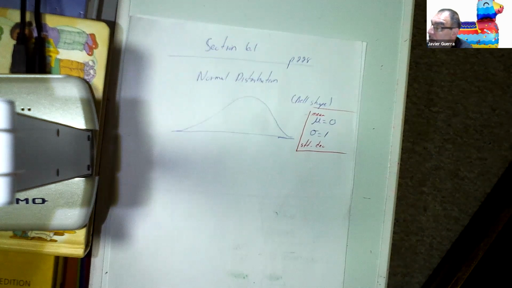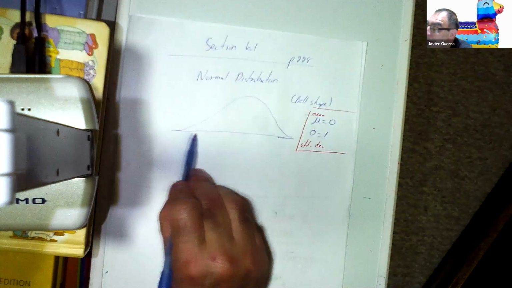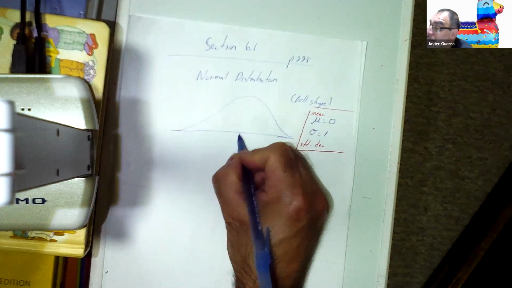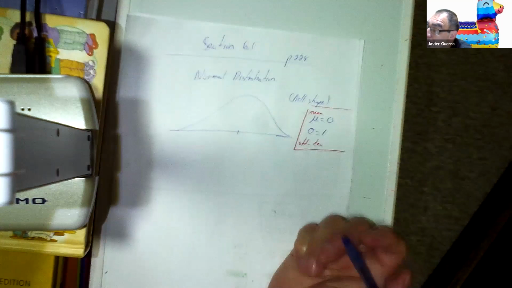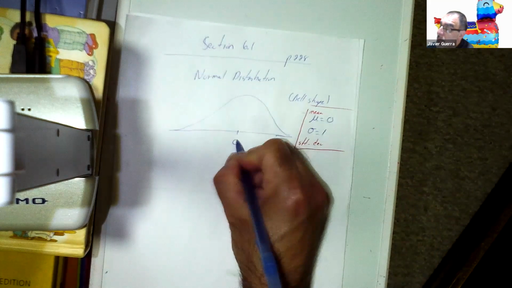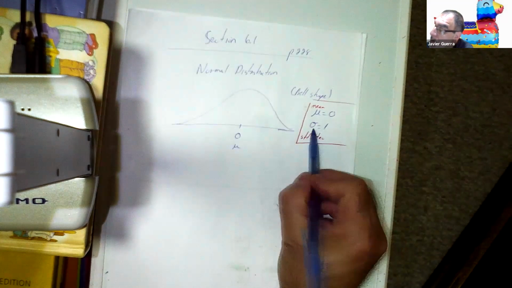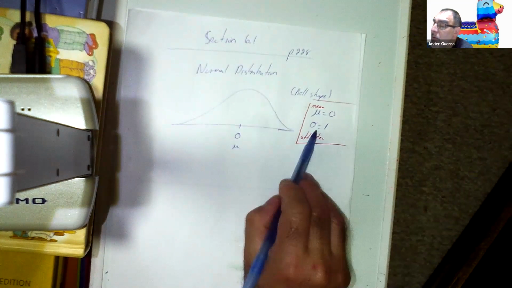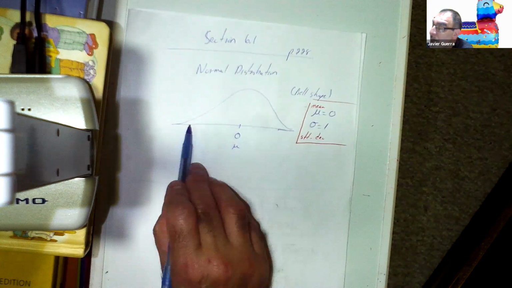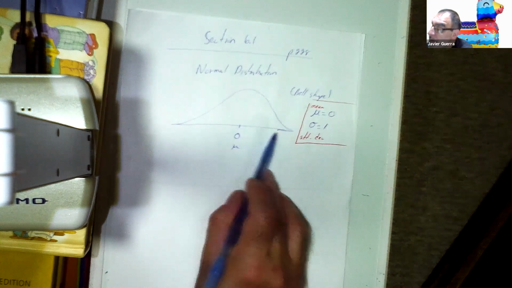Well, the way the graph works is it's kind of like on the bottom scale, this line underneath the curve. Think of it like the number line, right? So the center is going to be the mu. That's the center. The standard deviation is the labels, how they go in increments. You have positive numbers on the right, negatives on the left.